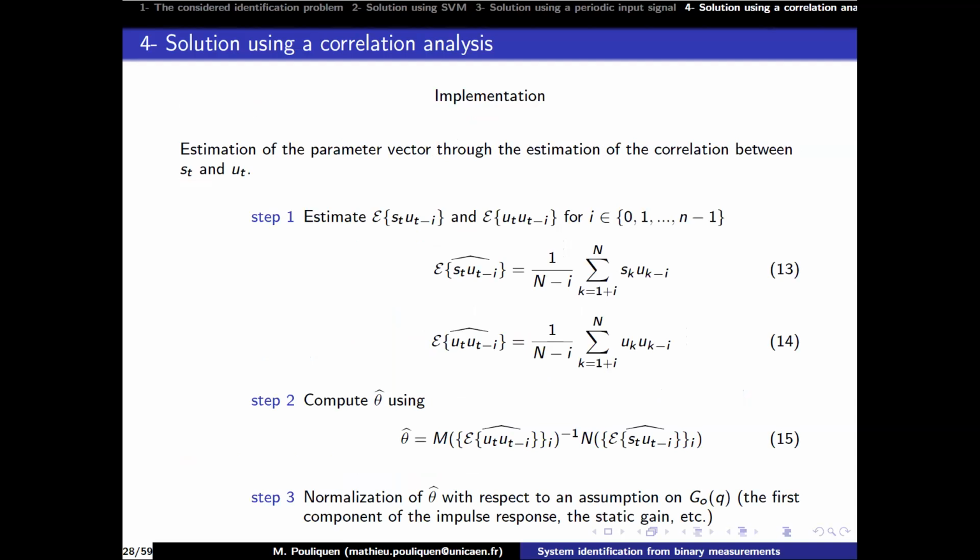Then I compute with the sum M. I compute an estimate of theta, and final step, the usual normalization step. Not difficult, and the key point in this solution is the fact that the correlation between the binary data and the input is linked to the correlation with the real output and the input.